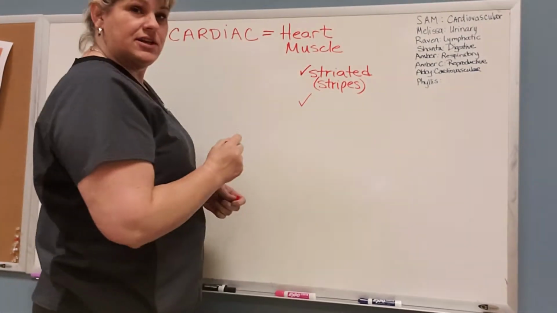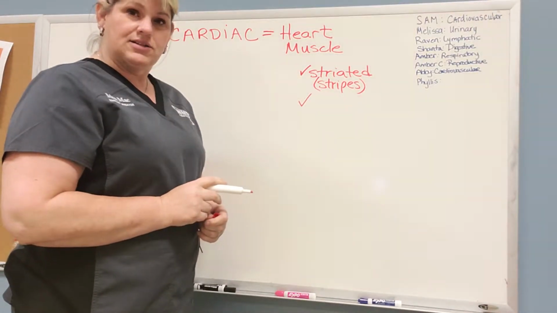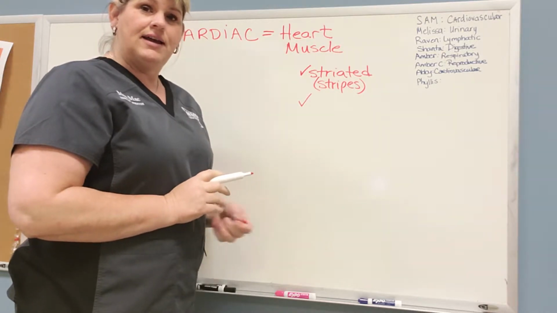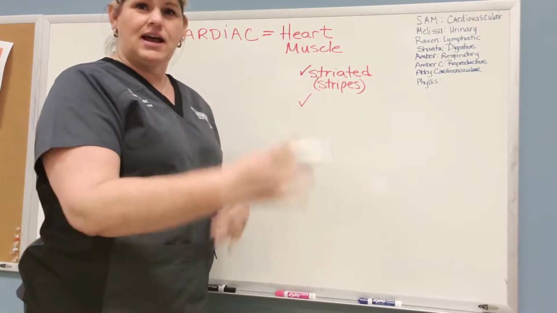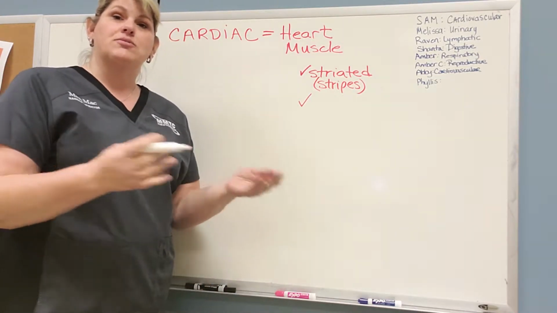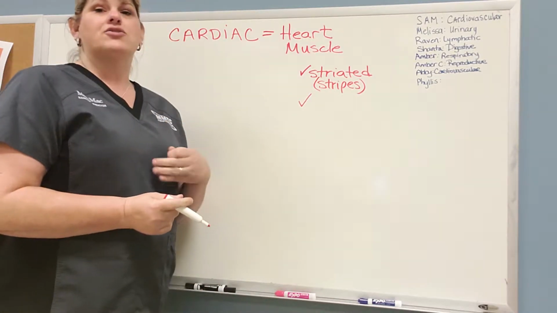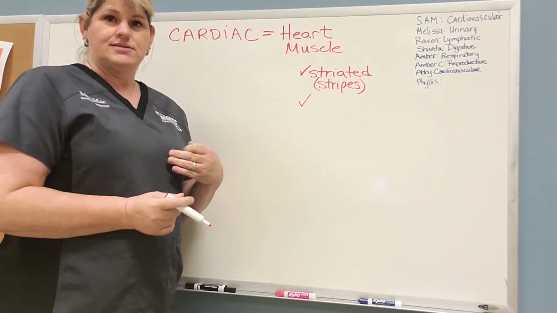But the thing that makes it unique is that most skeletal muscle that is striated is voluntary. We choose to move our skeletal muscle, just like as I'm talking to you. My hands are moving, my voice is moving. These are all muscles that are controlled by us.